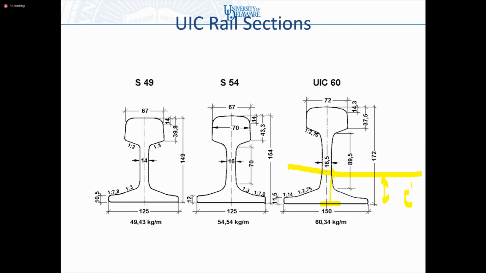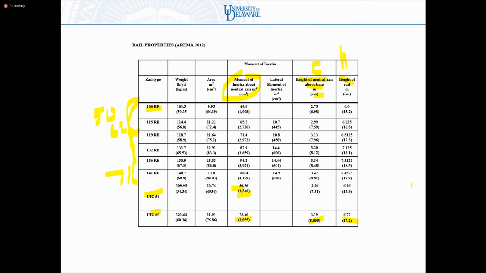And it's a standard tabulation. Every rail manufacturer has a standard book of tables. UIC puts out a standard book of tables for UIC rail. The British put out a standard book of tables for their rail sections. UIC means it's a UIC rail section. RE means it's an ARIMA rail section, and the ARIMA manual has a standard book of sections.